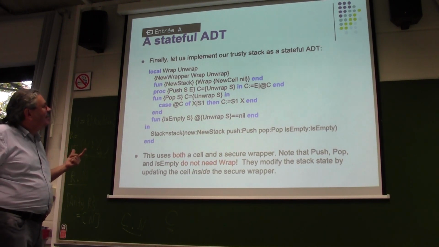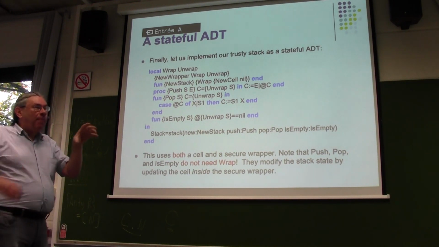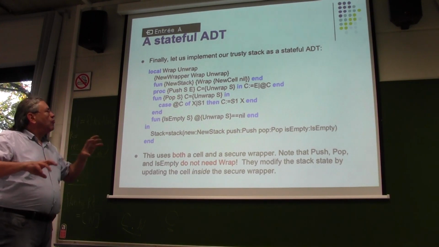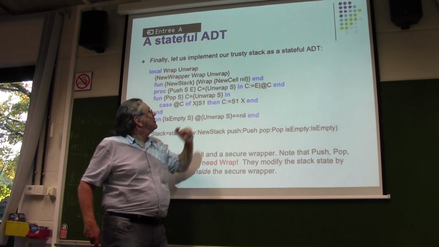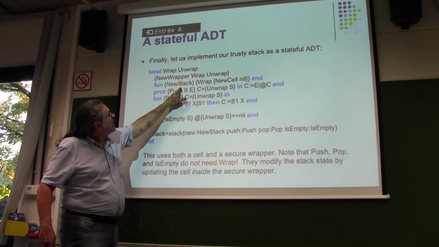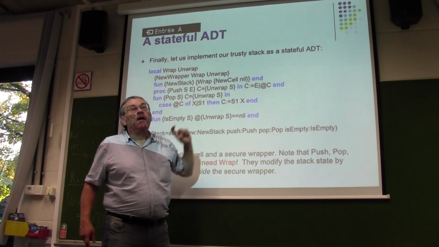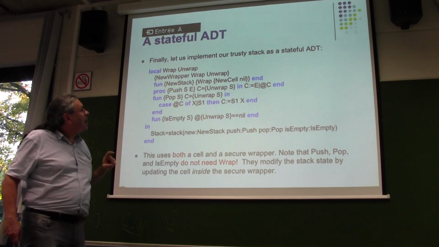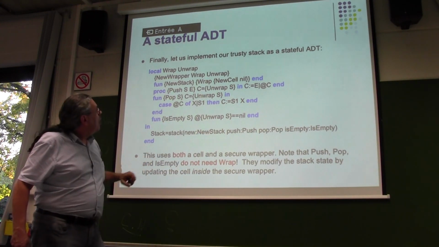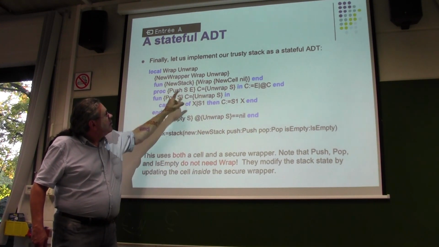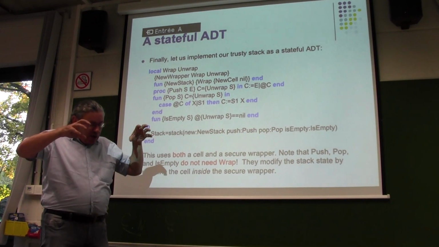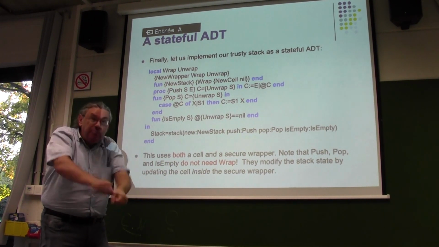So you have wrapped things, but what you're wrapping is a cell, okay? So the new stack is a wrapped cell, the empty stack, and the content of the cell is nil. And when you update it, you actually, inside the wrapper, you update the cell.